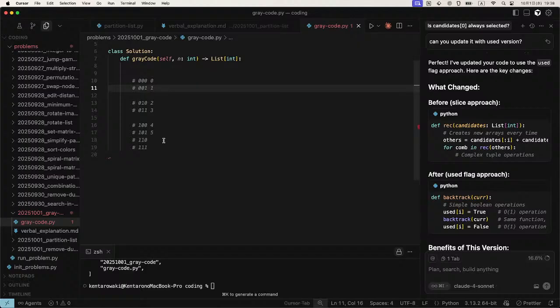But the problem is how to find the next number that differs by exactly 1 bit. Yeah, but I have an idea.